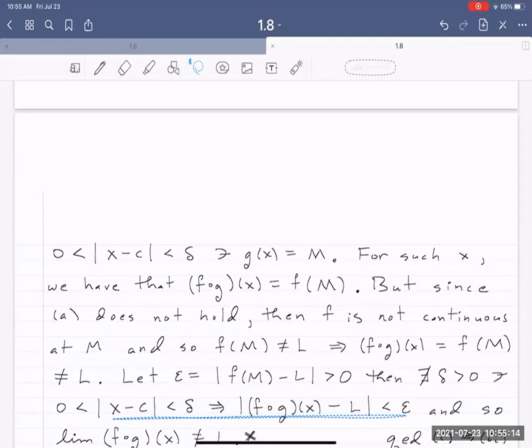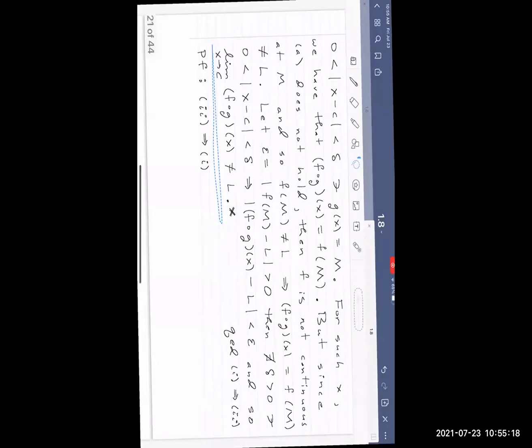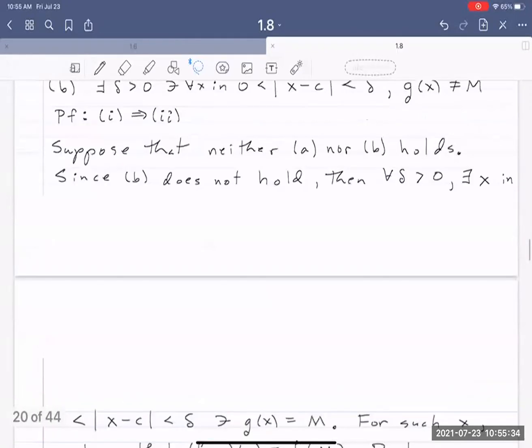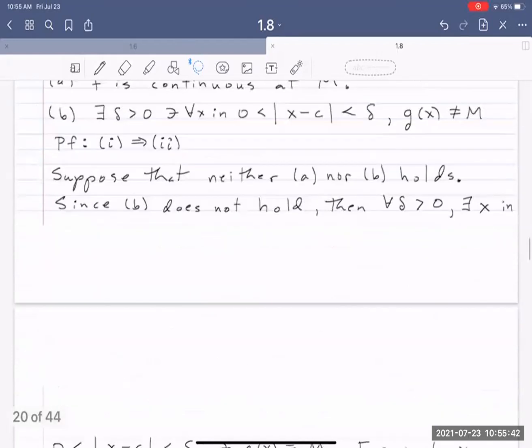And so the limit as x approaches c of f composed with g at x is not equal to L. And that's a contradiction. So therefore, one of those must be true. We have that one of these statements here must be true, because if both of them were false, then we came with a contradiction.